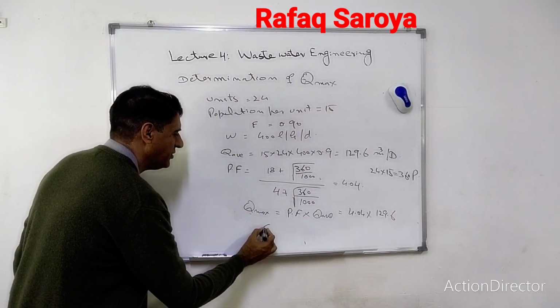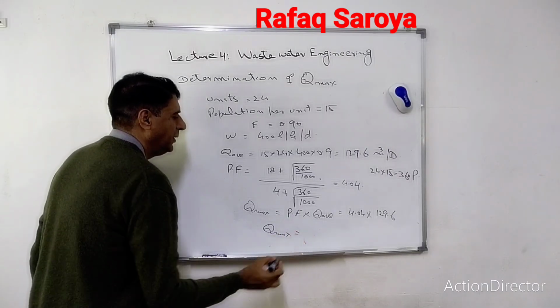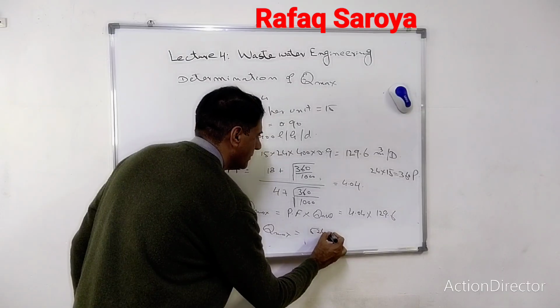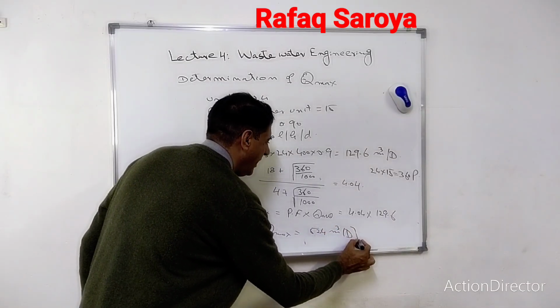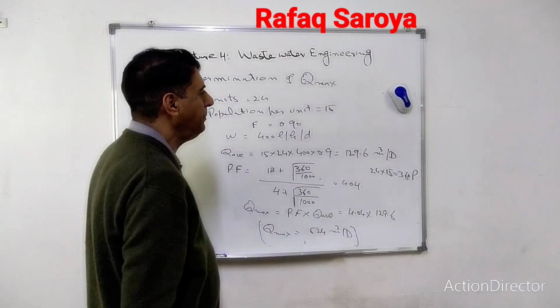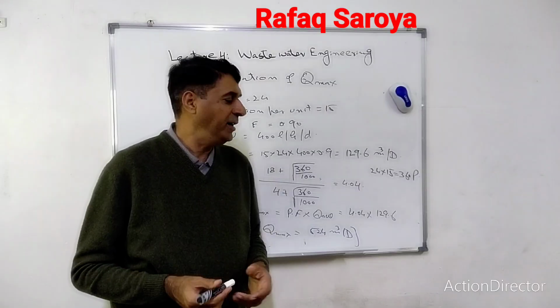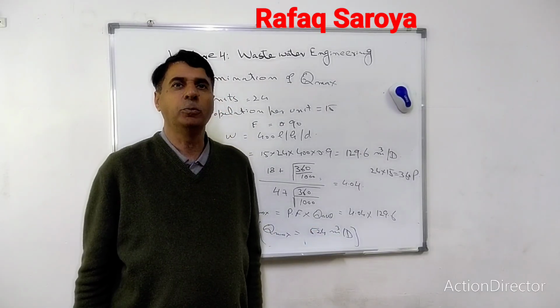After making this calculation, I get the Qmax value equal to 524 meter cube per day. So this is the maximum value, and our sewer system will not be designed for this 129 meter cube per day, but we will design our sewer system with this 524 meter cube per day.